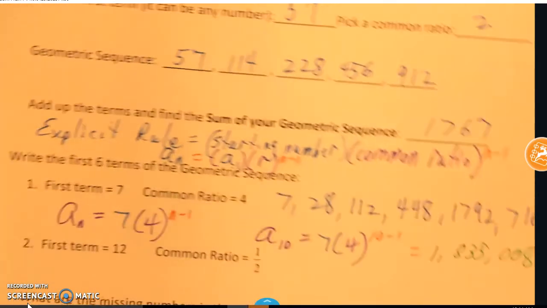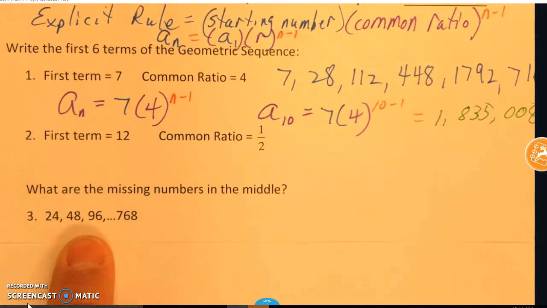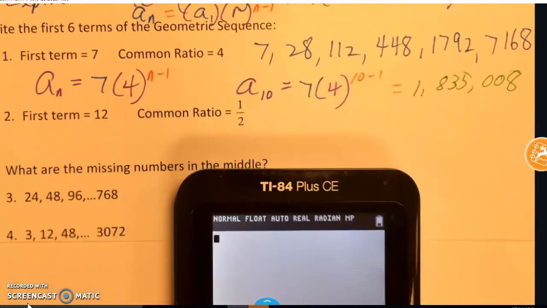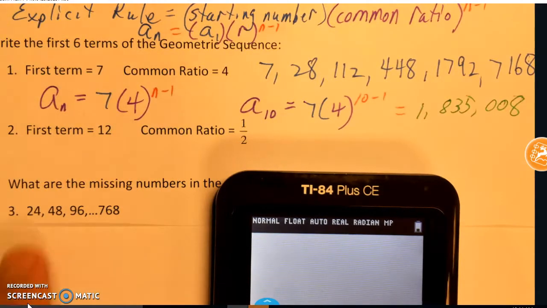Now, if you look at number 3, which numbers are in the middle? Ask yourself, what do you multiply 24 by to get to 48? What do you multiply 48 by to get to 96? Now this one, it's not too hard to find the common ratio. But if the numbers are a little harder, pick any two. I'm going to pick 96 and 48. It's the second one divided by the first one.